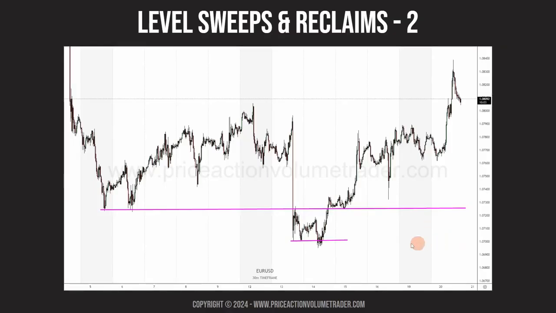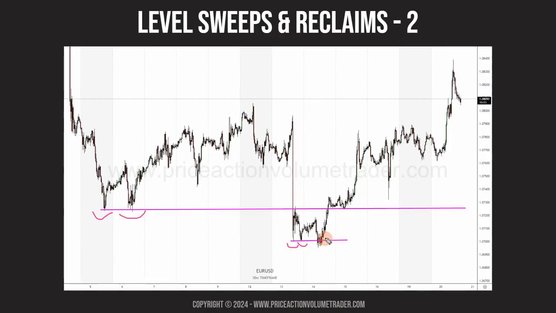Okay. This is another example in the euro US dollar, and we actually have a double example right here. You can see we had this double low here, very impulsive move down, and made another double low. So you can see all these concepts are what we call fractal, meaning this is all reflected on all different time frames and markets.